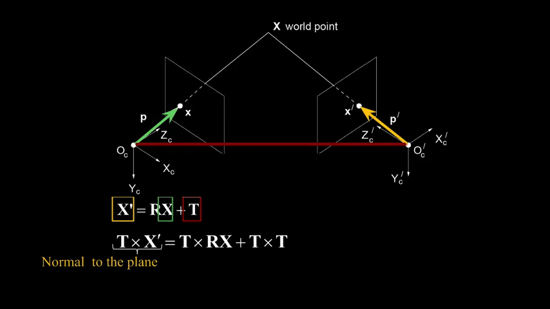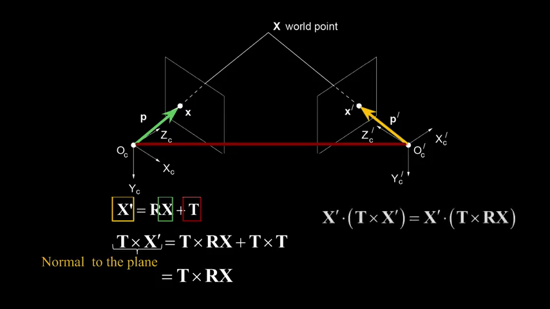By the way, I wrote here that this is normal to the plane. Remember that t cross x prime is going to be perpendicular to both of them, so it would be perpendicular to the epipolar plane that we're showing here. We'll maybe make use of that in a minute, but I just want you to realize that. More importantly, we've got t cross t here. What's t cross t? Not very much, otherwise known as 0. So that just means that t cross x prime is equal to t cross Rx.